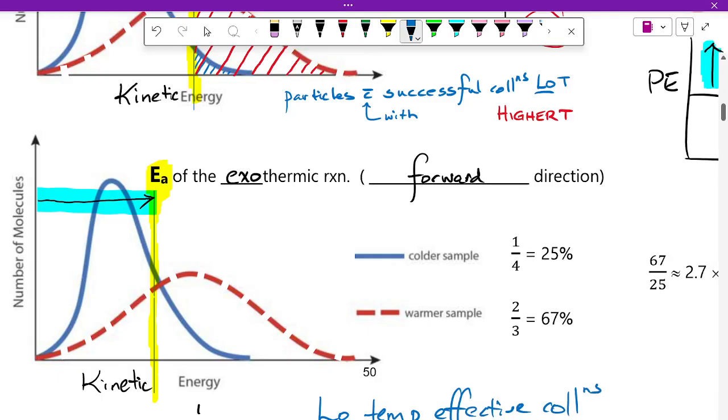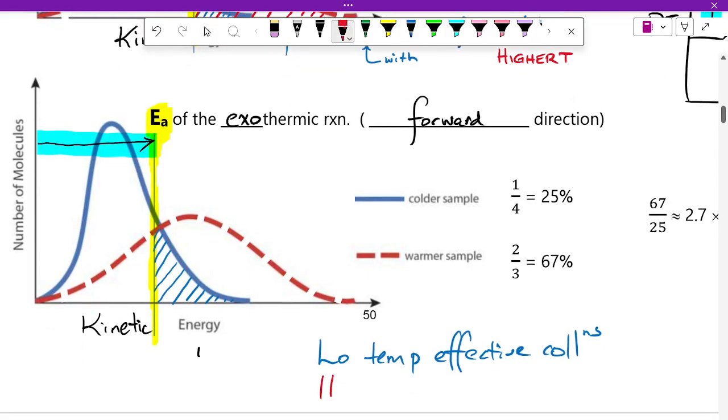That is the area under which curve? Under the blue curve. And where do we start? At the line, at the activation energy. Anything over that has more than the activation energy. So those are our low temperature effective collisions.